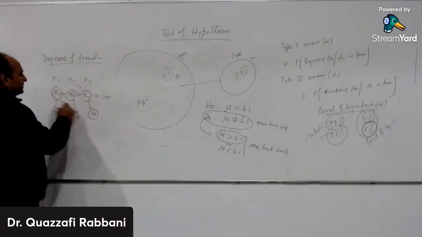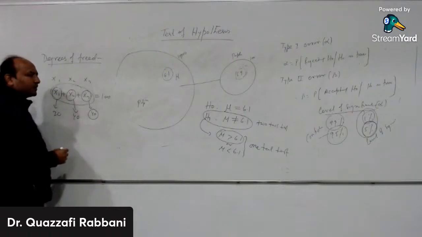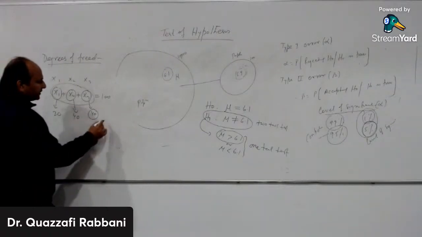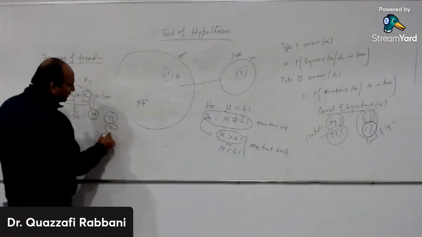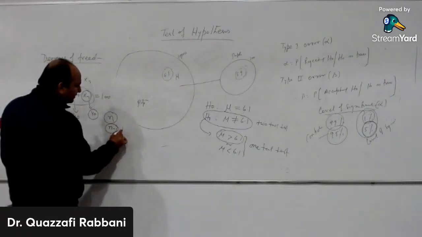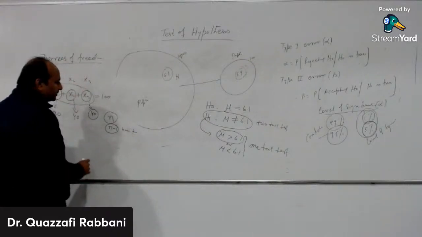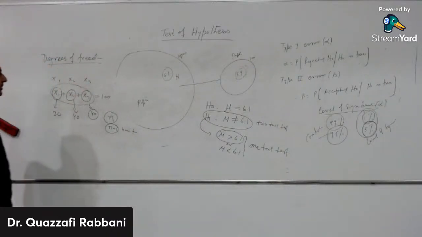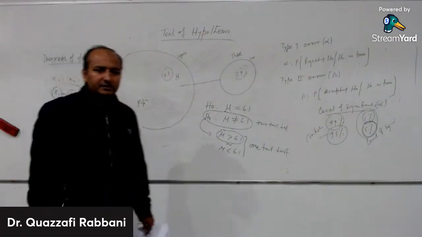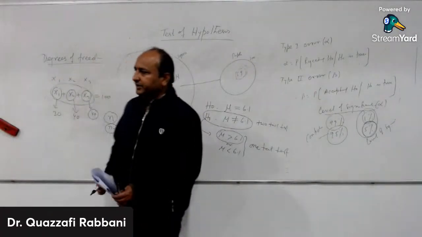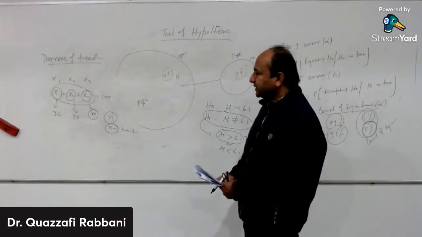So in 3 values there are two values that are free. If there are n observations, then n minus 1 have the freedom to take any value. This is the number of independent values, and this is the degrees of freedom.